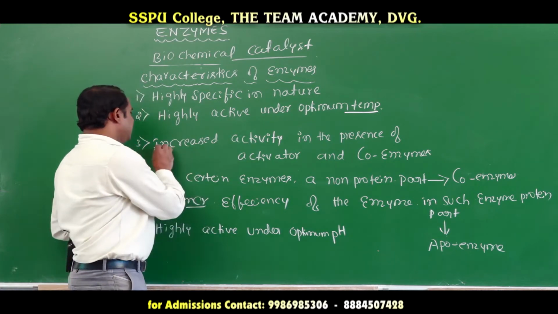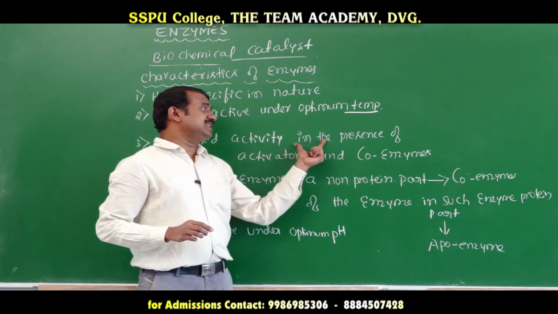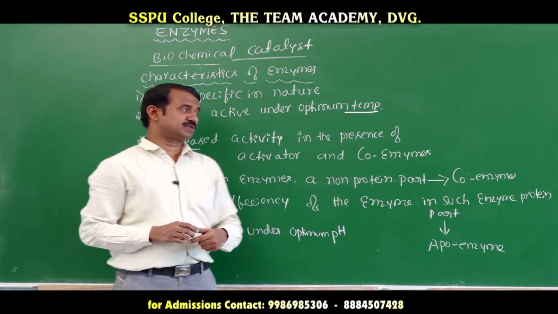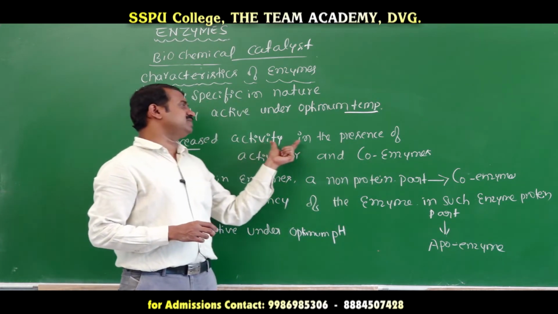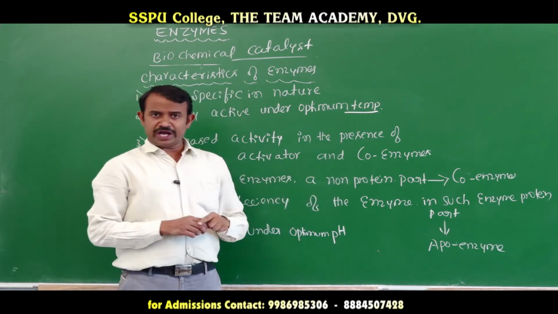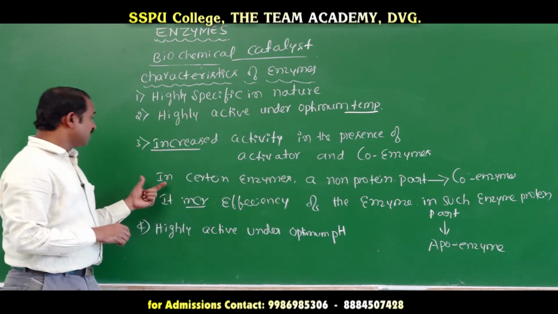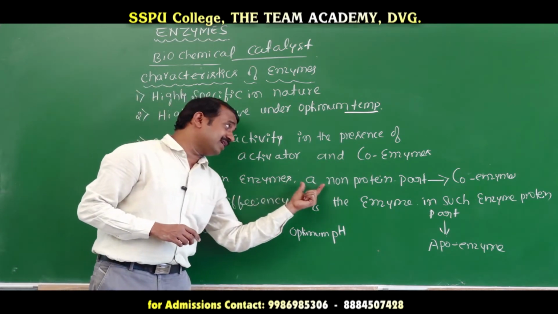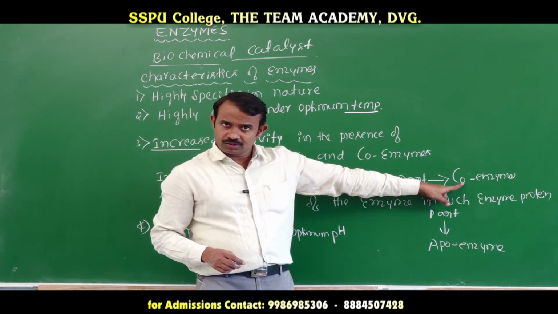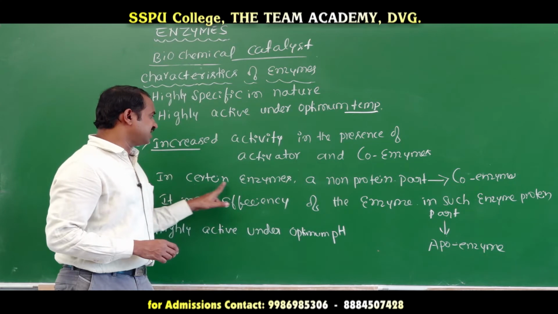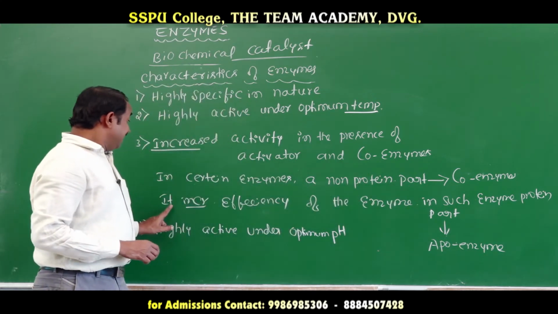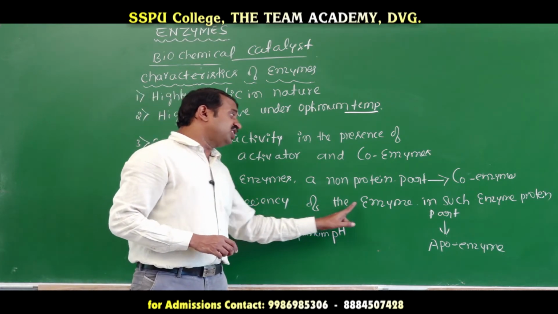Okay. Next, enzyme activity increases in the presence of activators and coenzymes. What are coenzymes? In certain enzymes, the non-protein part is called the coenzyme. It increases the efficiency of the enzyme.